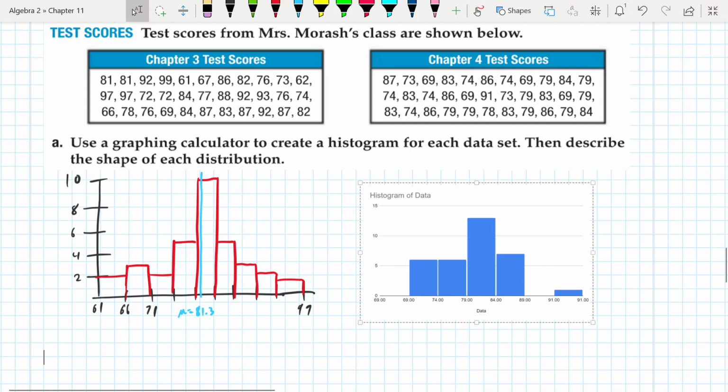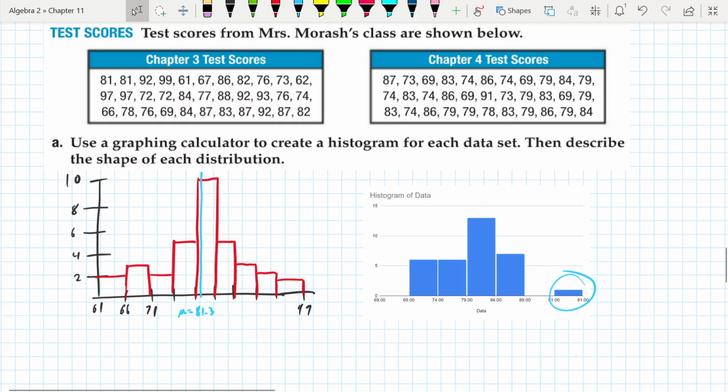But this one doesn't seem to be as spread. Ooh, man, that's even worse when I do it by twos. Well, there definitely seems to be a little bit of a tail on this one. This guy out here seems to be an outlier.